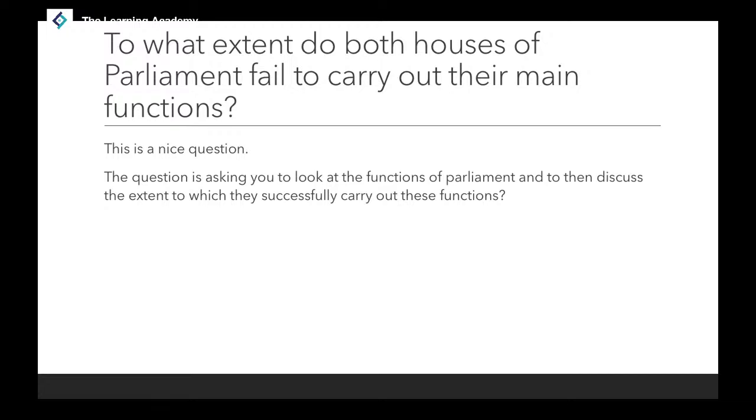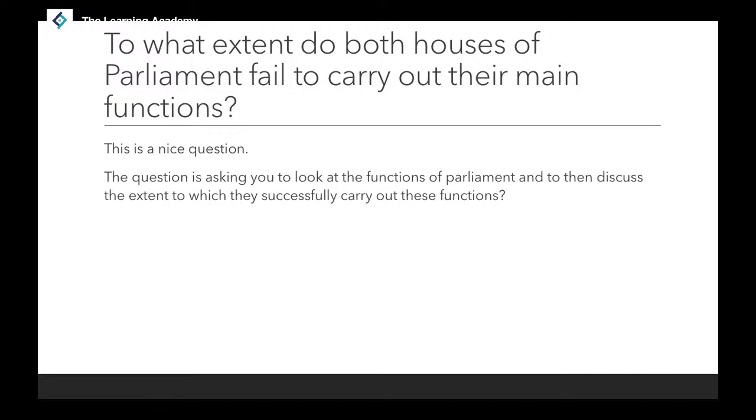Okay. So the first thing you should always do when you have a question like this is to identify the functions of Parliament that we can talk about. Now, there are other functions of Parliament that we can talk about. You could talk about the fact that Parliament is a representation of the people, and that's obviously a very important one.